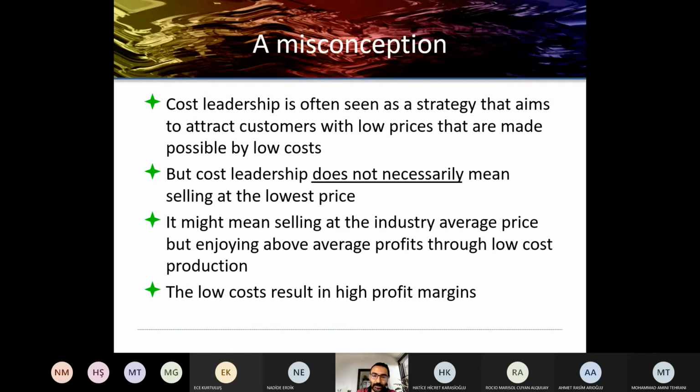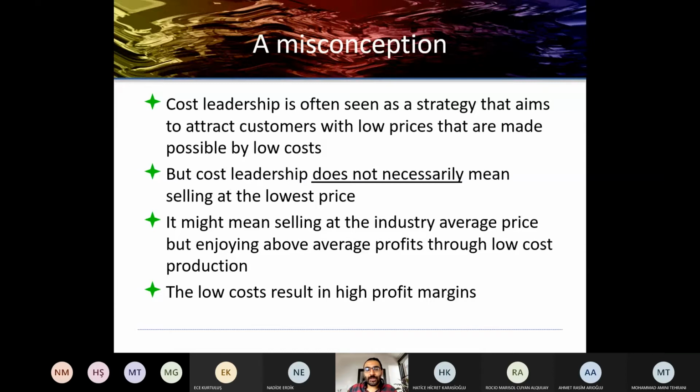Sometimes the companies who sell at the lowest price give you very low quality. And in the long run, customers don't like it, they just change the company, and it's not a competitive advantage. They cannot sustain it. Only selling at low prices does not mean that you have a cost leadership advantage, okay?